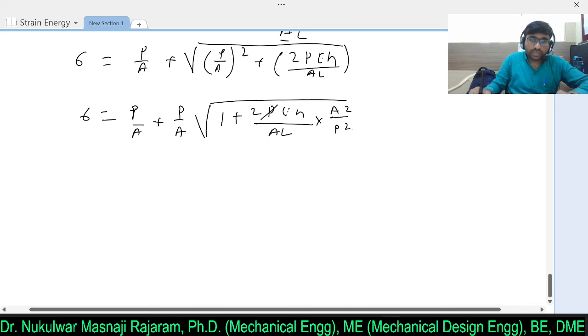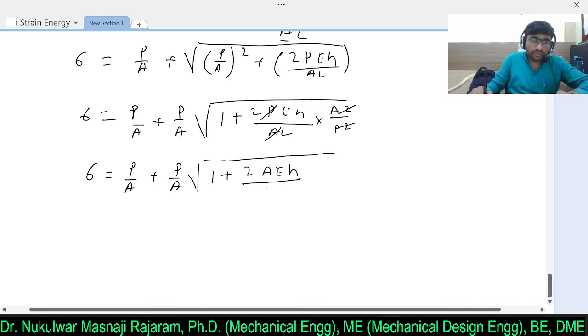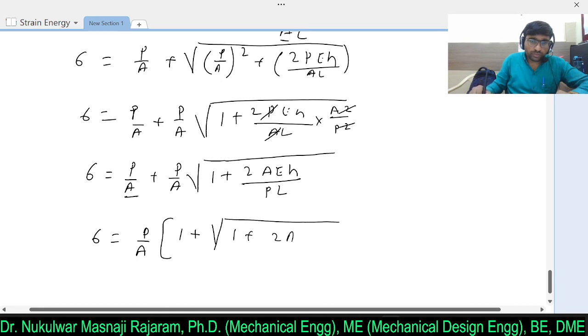Clear? So this P and this P will get cancelled, this A and this A will get cancelled, so I will get sigma equal to P by A plus P by A under root of 1 plus 2AEH divided by PL. Again, if I consider P by A common, then I can write P by A in bracket, so here I will get 1 plus under root of 1 plus 2AEH divided by PL.